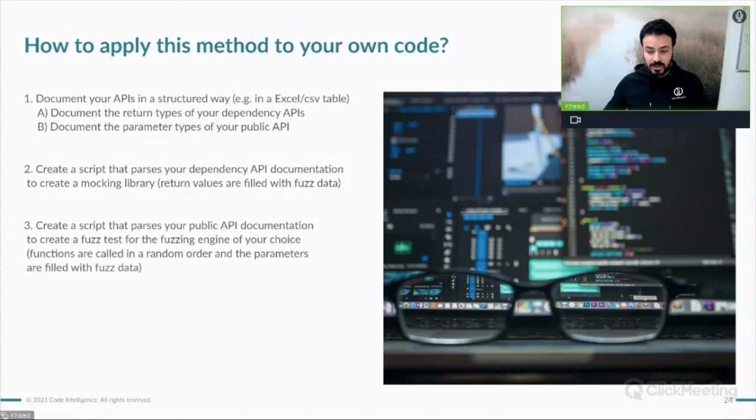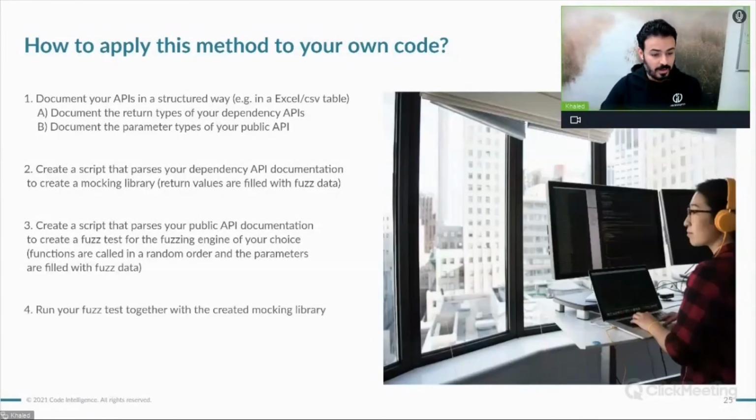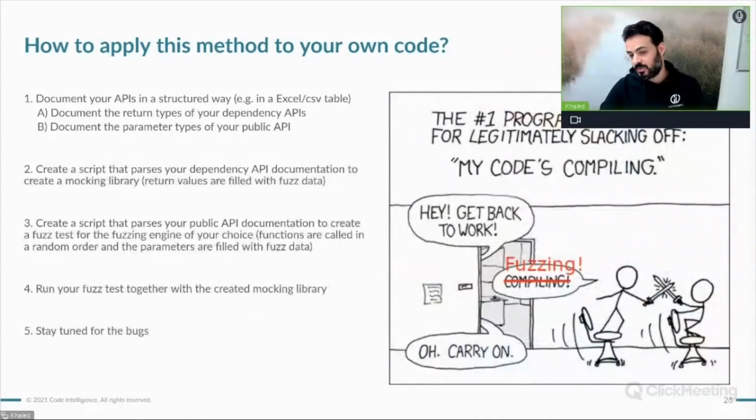And we need a script that also parses this definition and generates a fuzz test that iterates over all the API functions and fits them with the fuzz-generated input based on the annotations you do. And then we just need to compile them and then stay tuned for bugs.